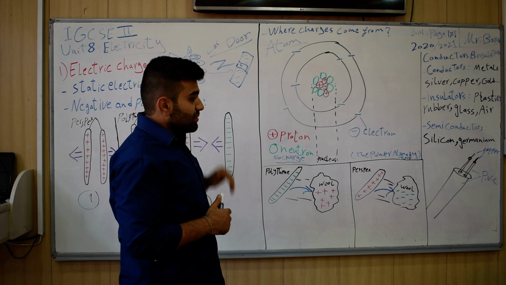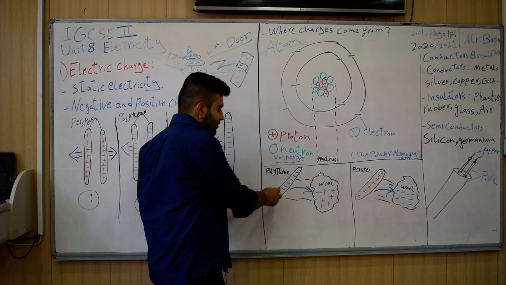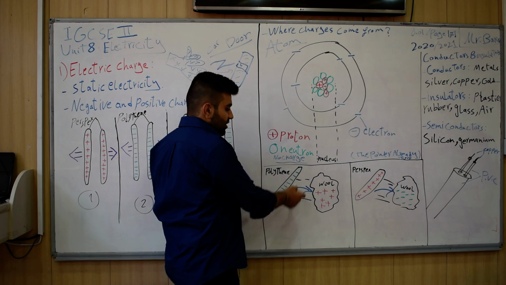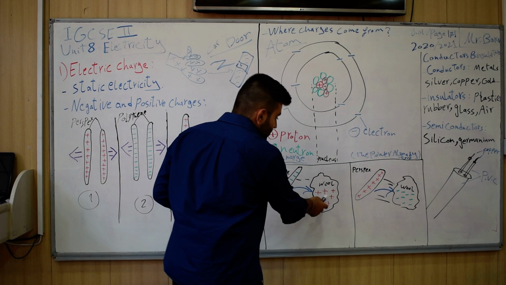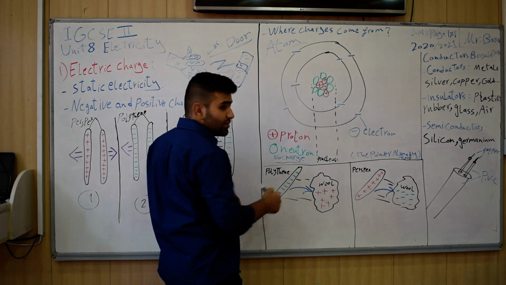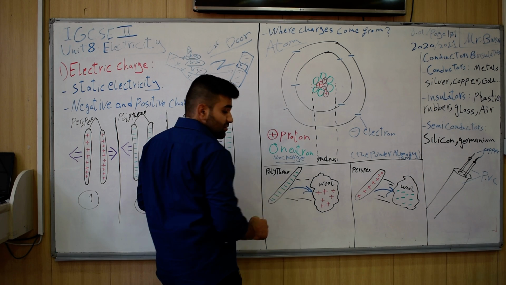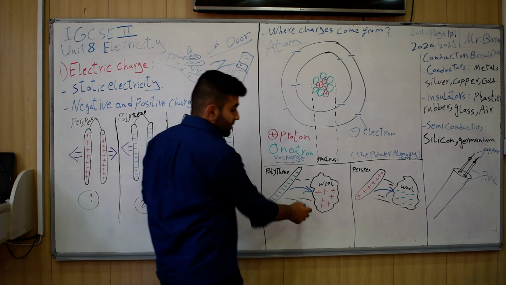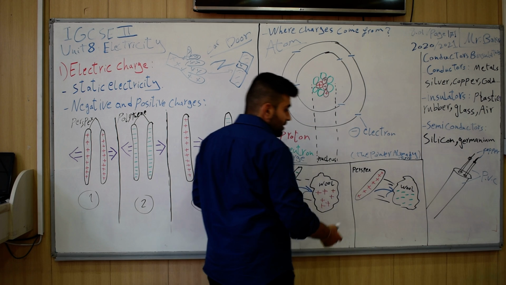Now for example, how are we going to understand that? We bring a bar of polythene that is charged negative by a wall, and the wall will be more positive and the polythene will be more negative, by rubbing the bar on the wall. The same goes for the perspex.